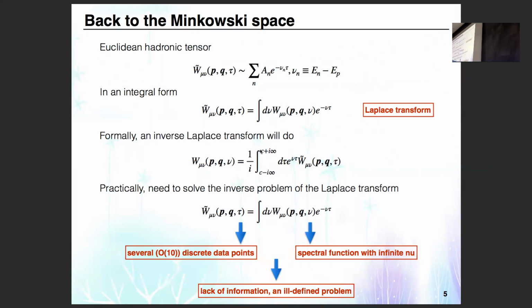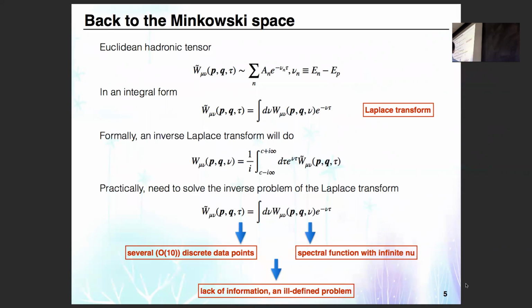So formally, to get the Minkowski hadronic tensor, we just need to do the inverse Laplace transform like this. But numerically, we know that we cannot do this integral for our correlators, so we need to solve the so-called inverse problem of the original Laplace transform.